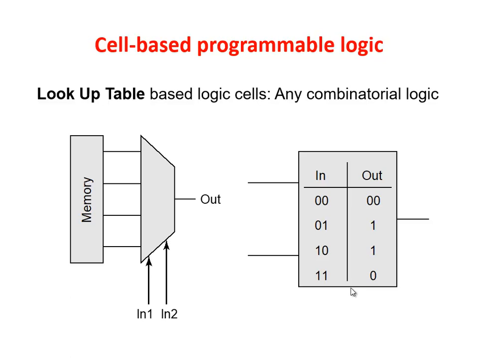Let's assume this is input 1 and input 2. I only need to write 0, 1, 1, 0 here, for the cases selected with 0,0, 0,1, 1,0 and 1,1. Depending on what I write in the memory, I'm specifying the lookup table that I want.